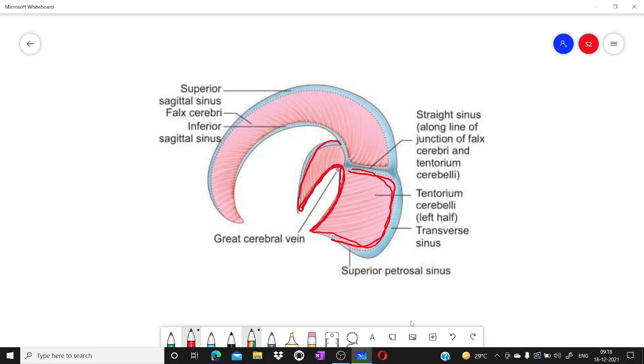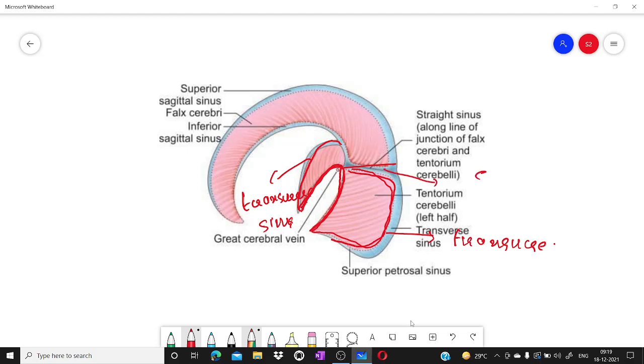Can you see the dural sinuses which are related to the attached margin? That is, this is the transverse sinus. Here also you can see the transverse sinus which is related to the attached margin of the tentorium cerebelli. Can you see the straight sinus? The straight sinus is located on the superior surface along the line of attachment of the falx cerebri.